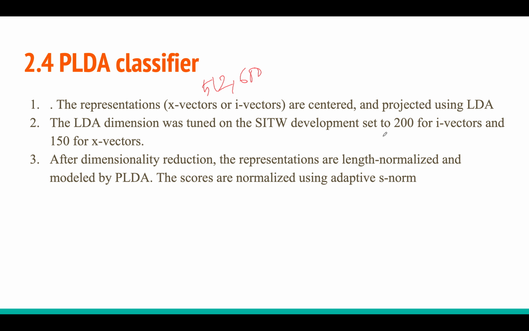Once they tune it, they say 200 dimension is good for i-vector and 150 is good for X vector, and then they have to train the PLDA algorithm. PLDA is a backend basically. After you extract the feature, you use the PLDA to get the scores, and these scores are normalized using S-norm, right? It's not that important, but the main idea of the X vector is that particular architecture which you saw in the previous slide.